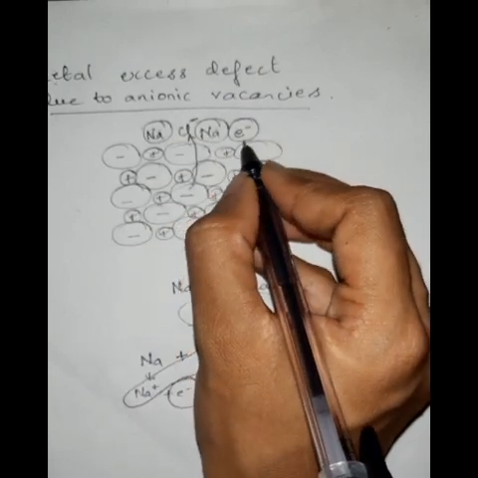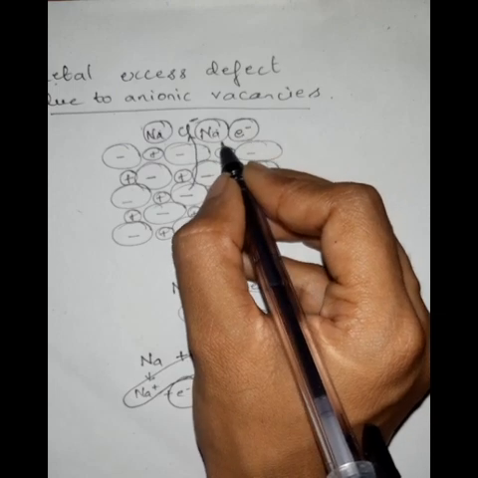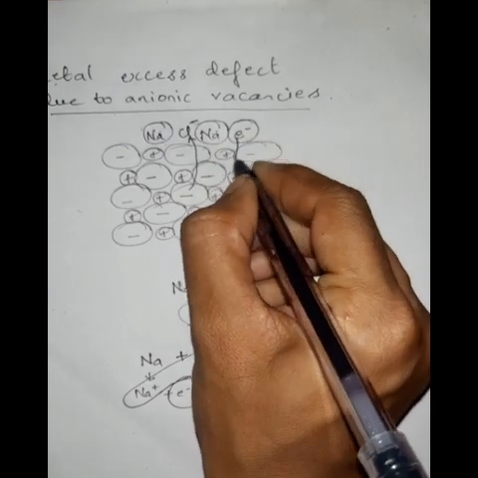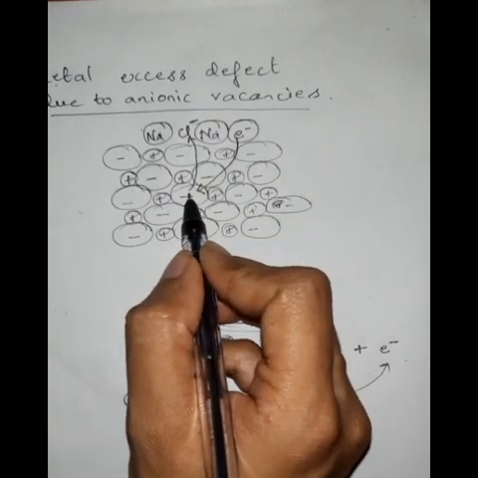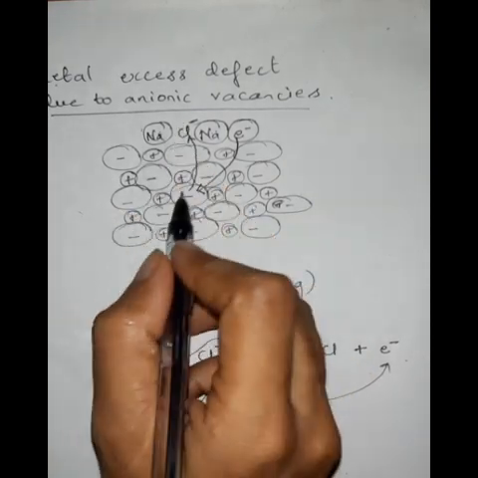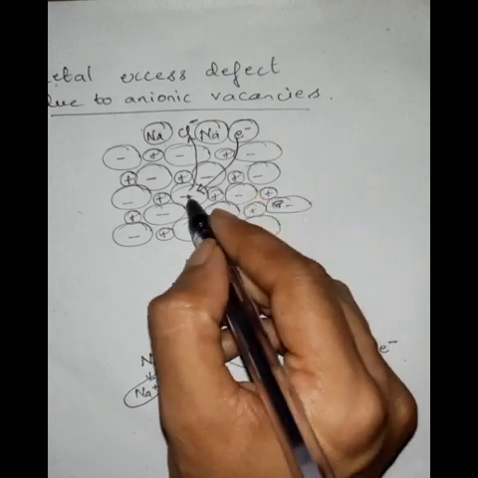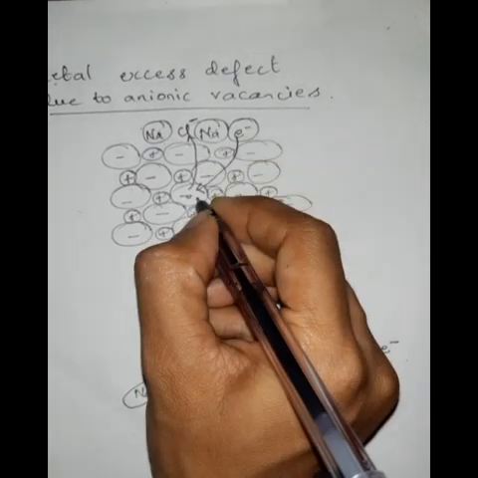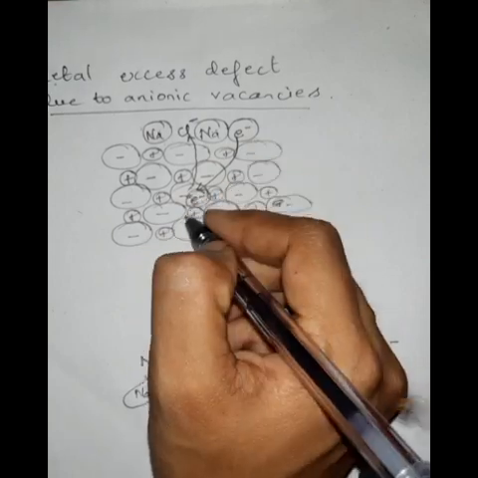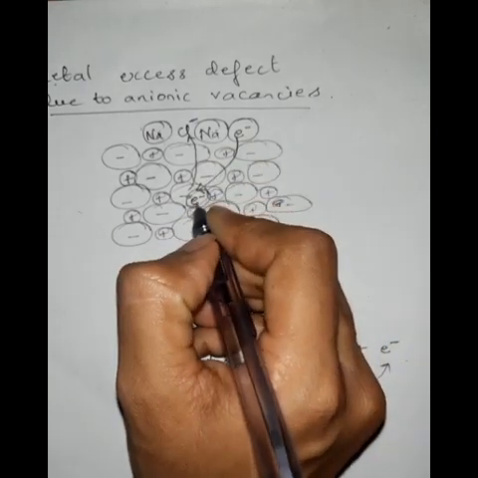This electron will move to the anionic site. This space was empty because the Cl- went out of this anionic site. So this vacant anionic site will be occupied by this electron. This electron will occupy this anionic vacancy.